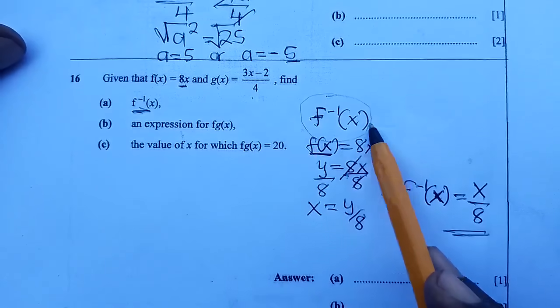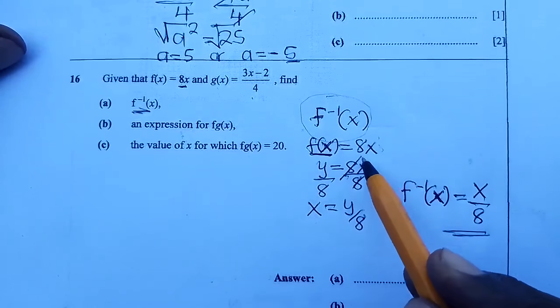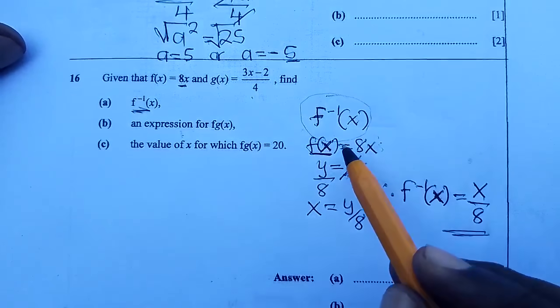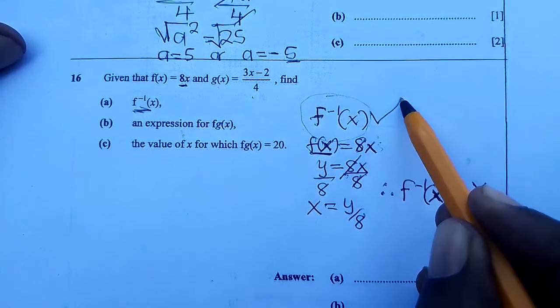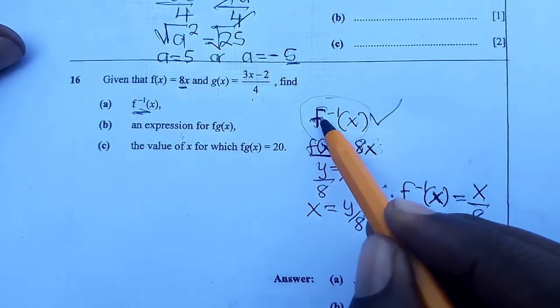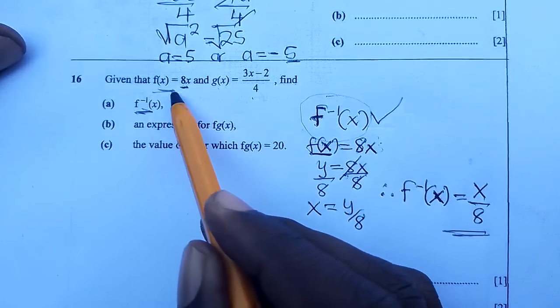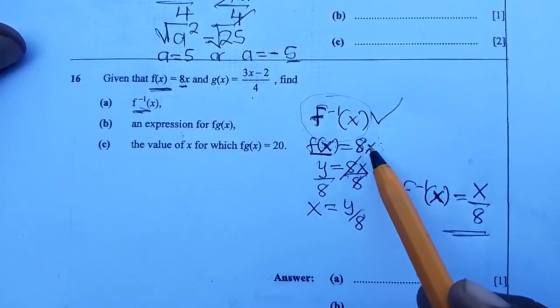After we find the inverse, then we say f of x is equal to 8x. You ask yourself, where is this function coming from? It is coming from f. So f of x is equal to 8x.